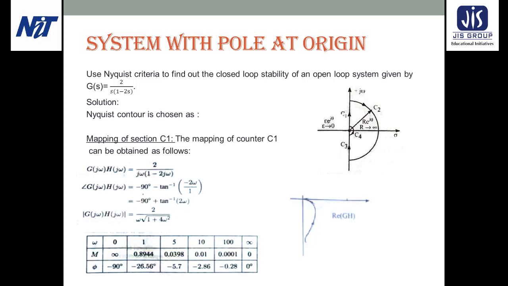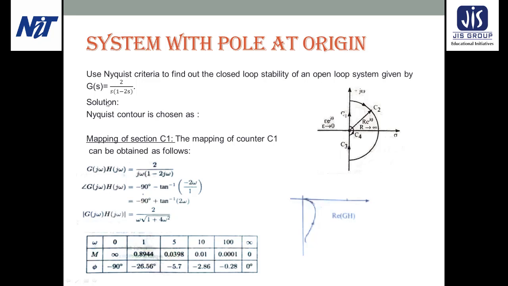Here there is no zero in the system and poles are located at s equal to 0 and s equal to plus half. That means one pole is on the positive side, that is the right hand side of the s plane. One pole is there, so P is considered here as 1.